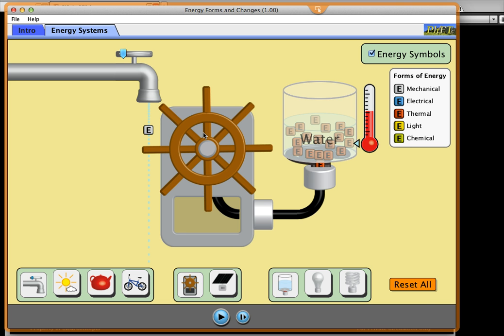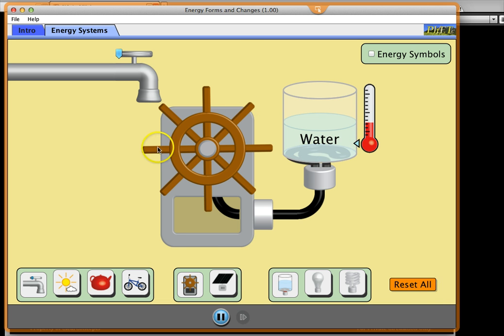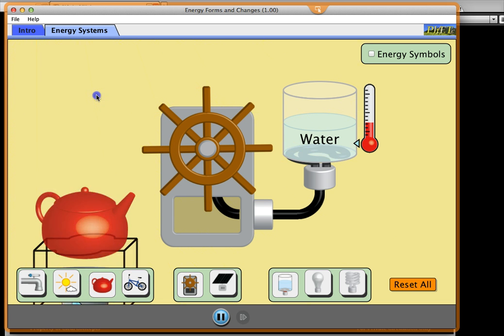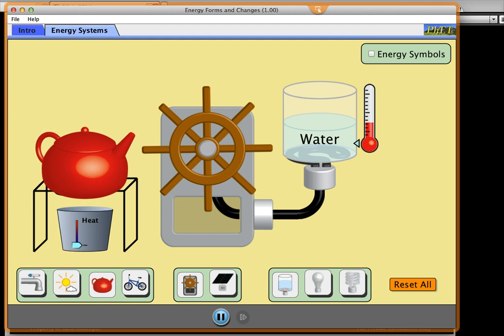Okay, very good. Now let me just hit reset all. Now here, I can replace this falling water with a kettle. And there's a little nozzle here, and this nozzle now drives this energy converter. This is in fact exactly the same principle as a gas turbine.